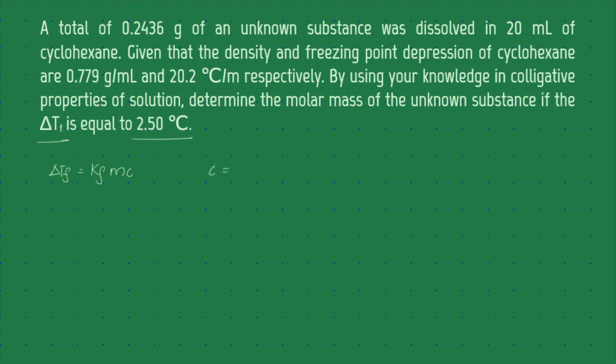So i is equivalent to what? This is a substance which shall not dissociate completely. So your i, or your Van't Hoff factor, should be equivalent to 1. And then you already know the delta T freezing is equivalent to 2.50, and your Kf freezing point depression constant is equivalent to 20.2 degrees Celsius per molar.